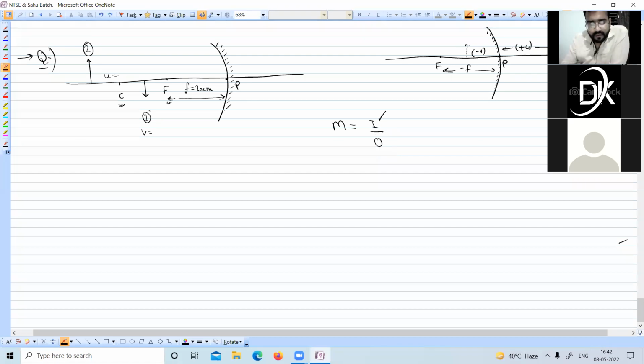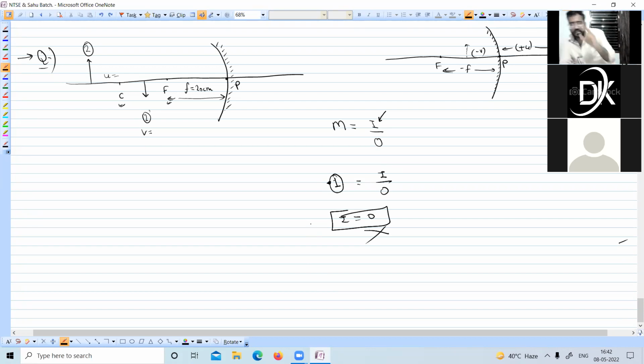Simply 1 would mean I is equal to O, which is not possible. If it is the same size, the magnification will be 1. If the image is larger than the object, the magnification will be more than 1. Is it clear?